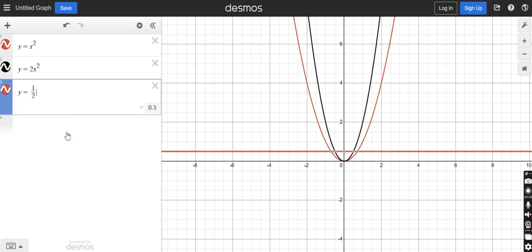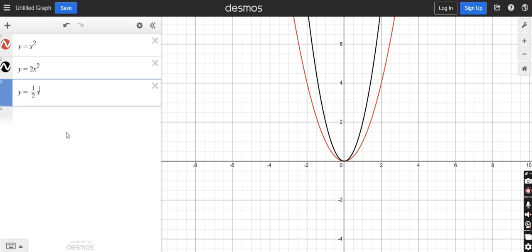So let's say like a half. This number, which is less than 1, means that the thick red one is wider than the original red one because all of the y coordinates are times 1/2, which means it's not growing high as quickly.